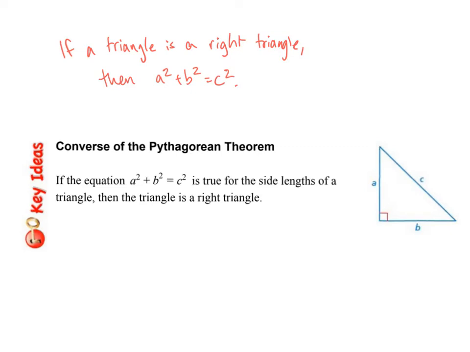If the equation a squared plus b squared equals c squared is true for the side lengths of a triangle, then it must be a right triangle. Before, we were saying if it is a right triangle, you can use this to find a missing side length. The converse is saying, if you can get the Pythagorean theorem to work, then you're proving that this is in fact a right triangle.